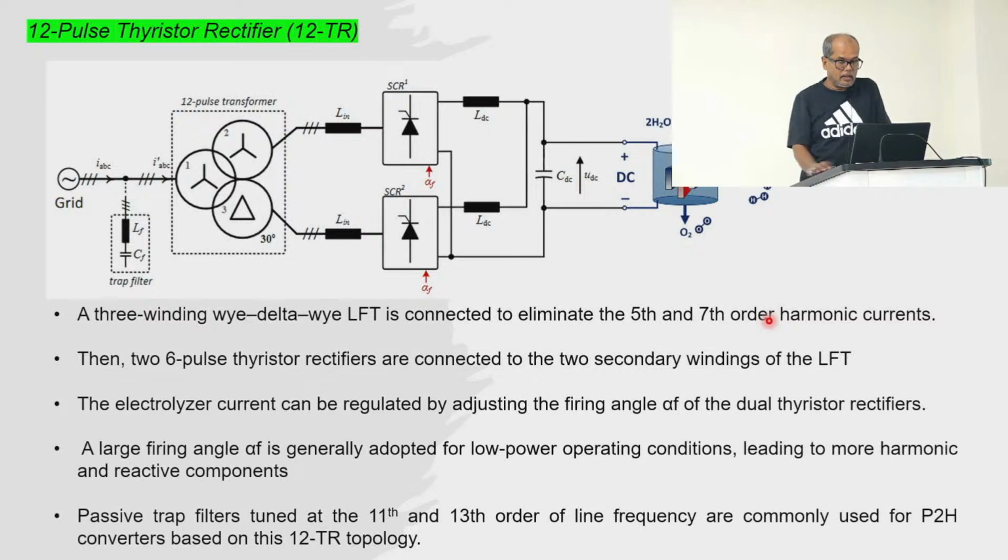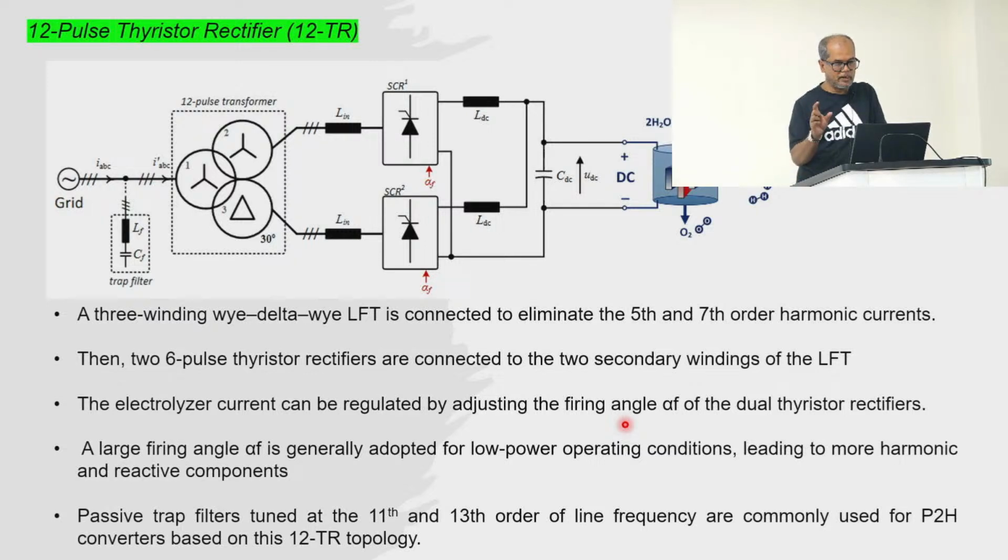Now here you see that in the silicon controlled rectifier, you have this firing angle alpha. By adjusting the firing angle, you can control the current, and depending on what angle you are operating at, you get the output voltage and current.